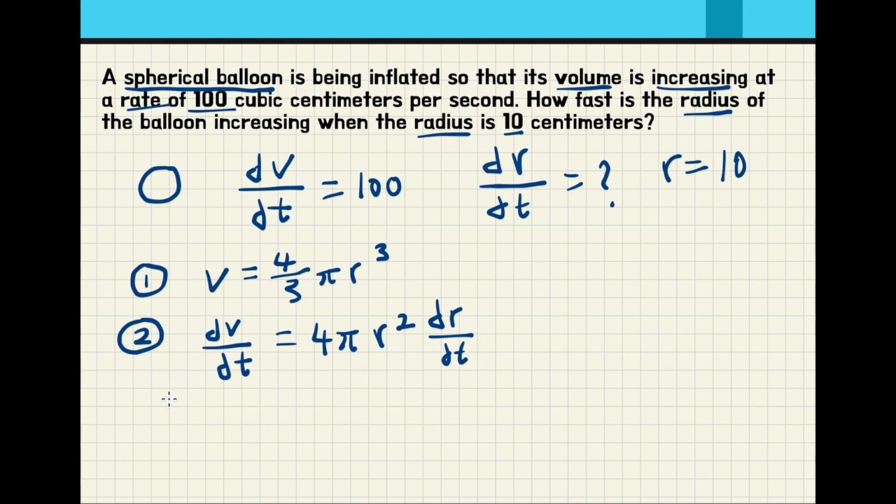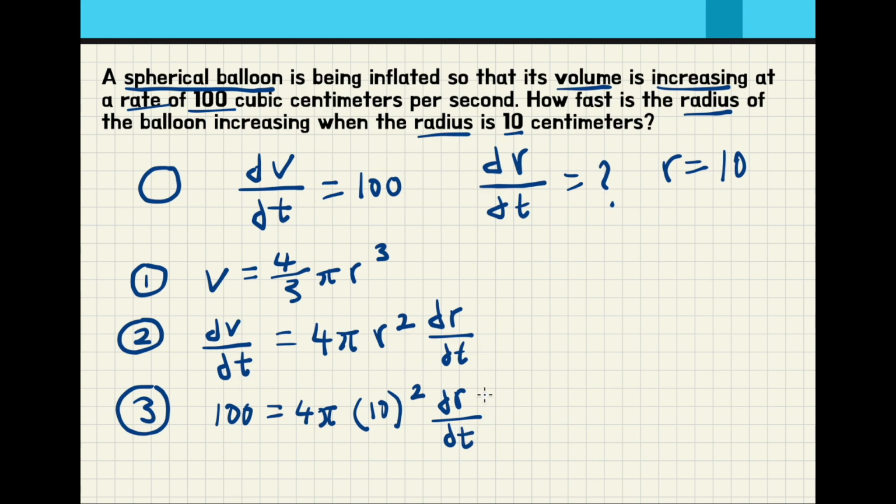Let's plug in our values. The third step is plugging in our values. So dV over dt is 100, and then r is 10, and we're solving for dr over dt.